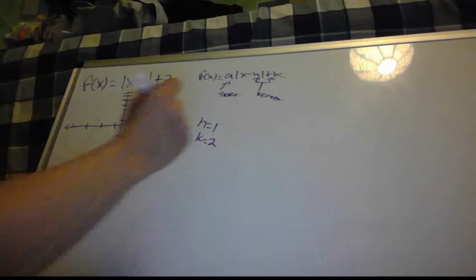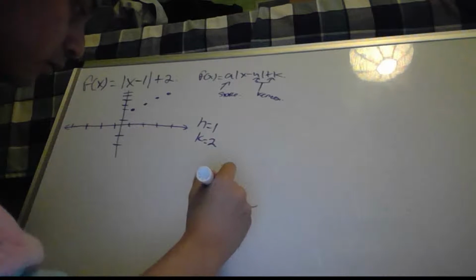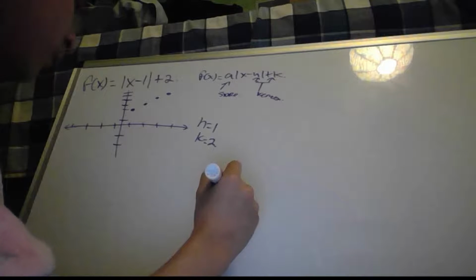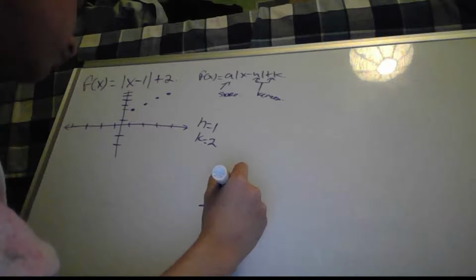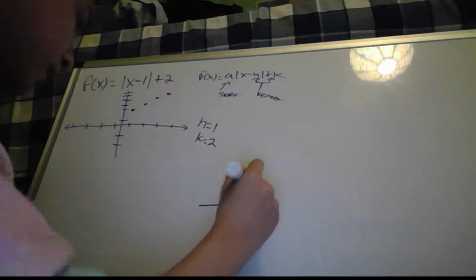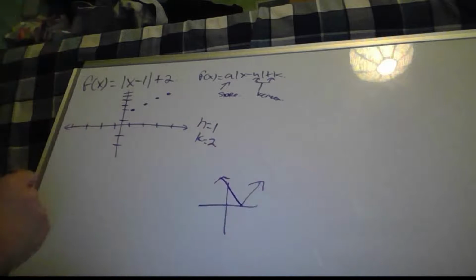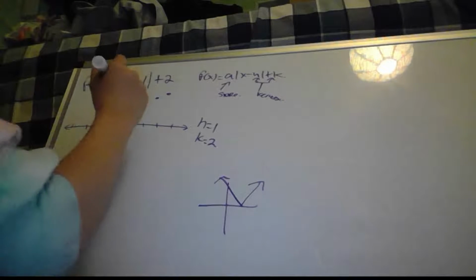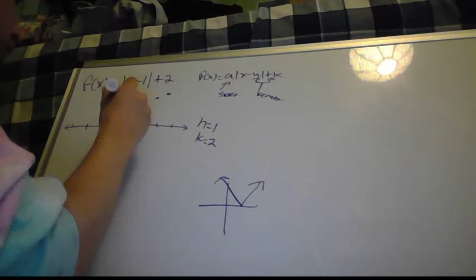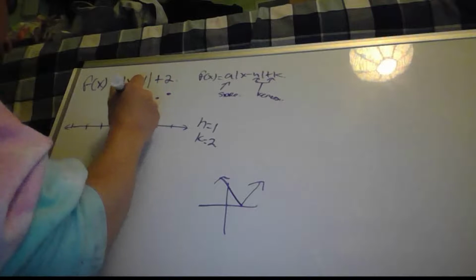Because remember that the shape of an absolute value function is basically like this, like a V. So we're going to do the opposite. It's going to go up 1, left 1, or you can just do the reflection.